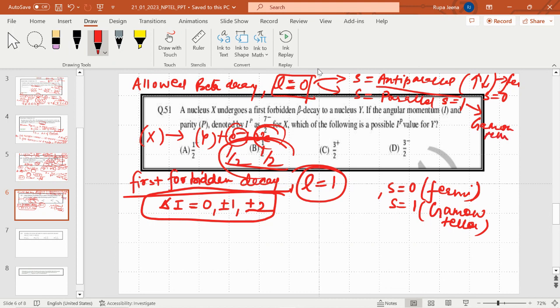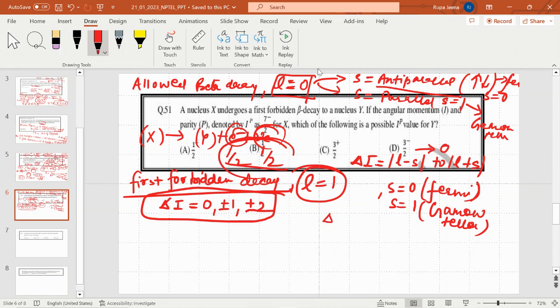Now, how will delta I change? Delta I means total angular momentum. So you know delta I varies from modulus of L minus S to L plus S. Take the first condition when L is equal to 0 and S is equal to 0. In this case it is 0 only, because both are 0.